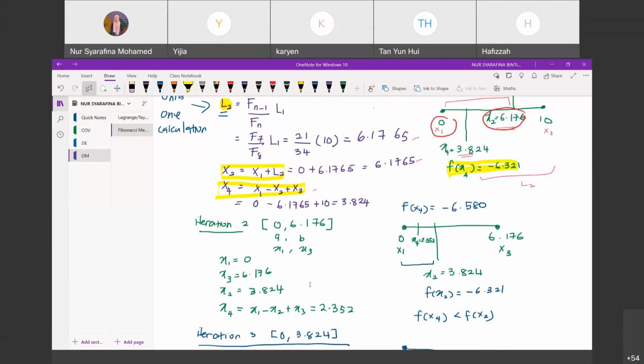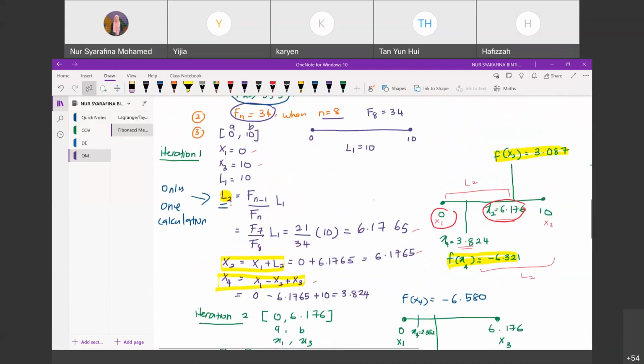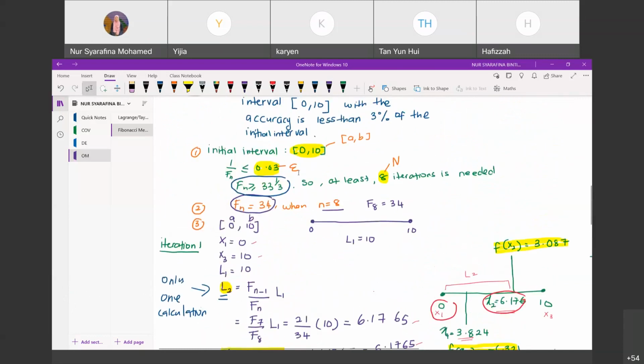That is the benefit. In general, you may know the difference from other methods. After this, you can compare. So we only need to calculate L2 once. The number of iterations and accuracy are fixed, which is given. And once we fix the number of iterations, the optimum solution is quite easy to find.